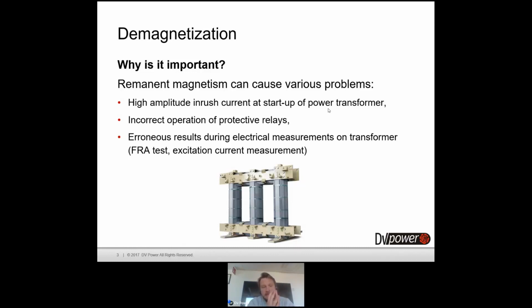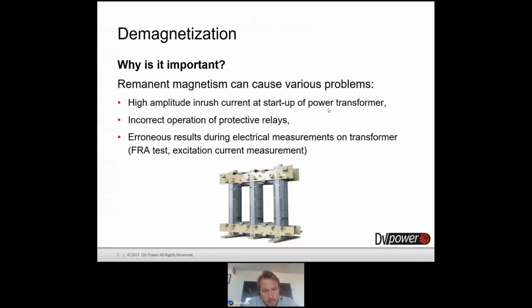The first effect that you will experience, if you are working in the substation or as a testing and commissioning engineer, is a high amplitude of inrush current when you start up your power transformer.